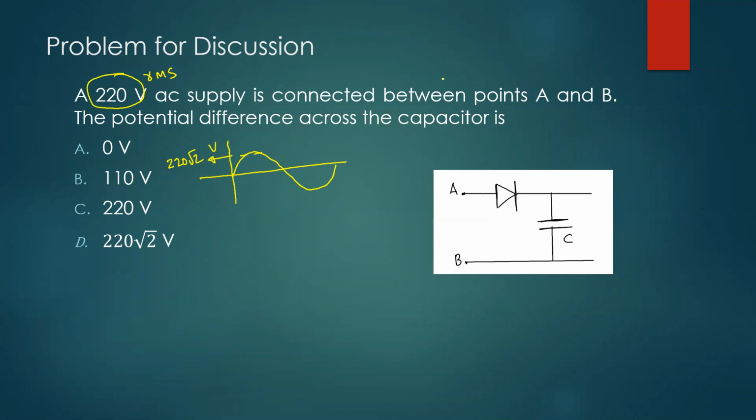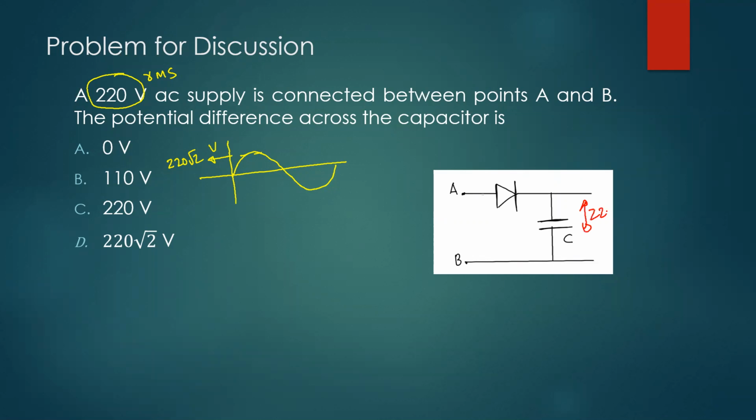Now, till the voltage reaches peak value, the diode is in forward bias mode. Because the diode is in forward bias mode, the capacitor keeps getting charged. The charge will go till the voltage of 220 root 2 is applied, right? So the potential difference would be 220 root 2.